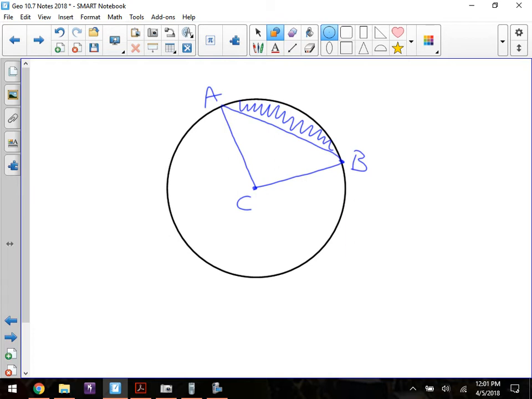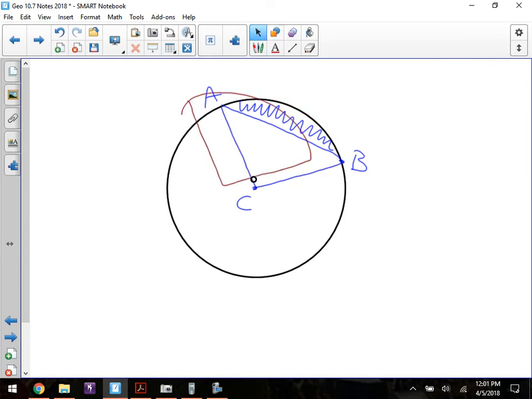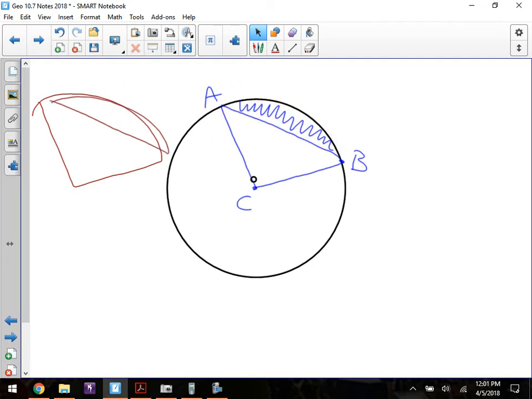Okay, I would too. So, if you look at this one, this was your sector, that whole piece. That was the sector. And what we did is we took the top of it off. So I take the top of it off. What do I back out of the sector?